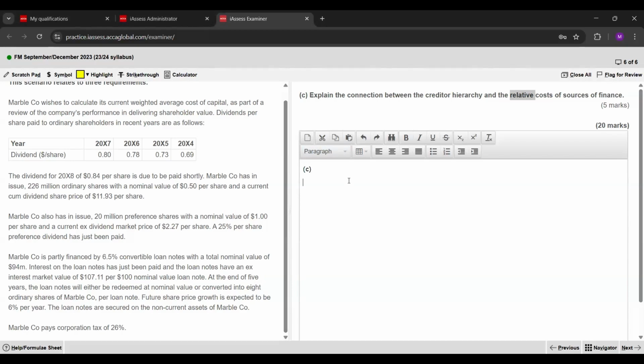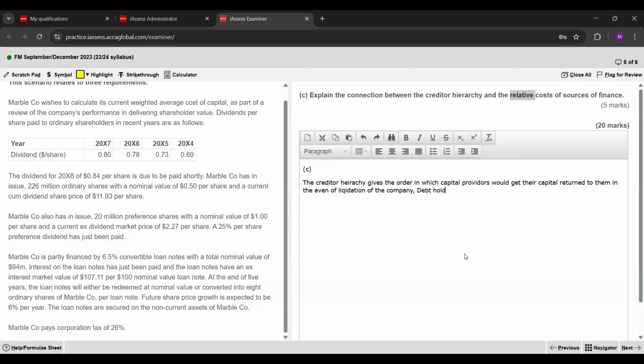Okay. So we can say the credit hierarchy is the order in which capital providers get their capital returned to them in the event of liquidation of the company.